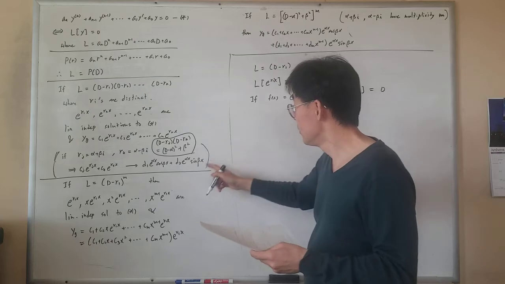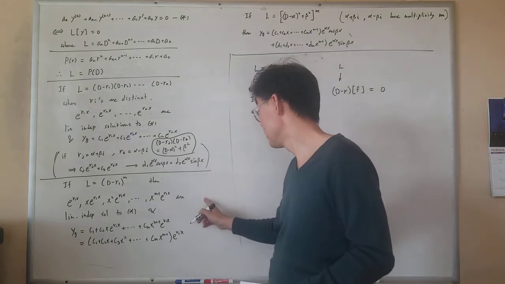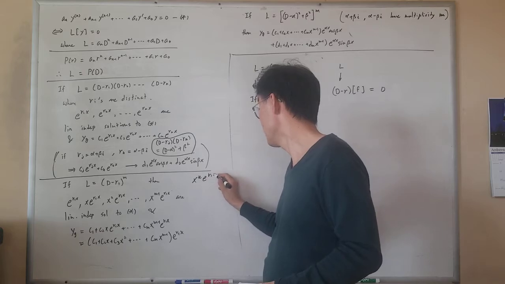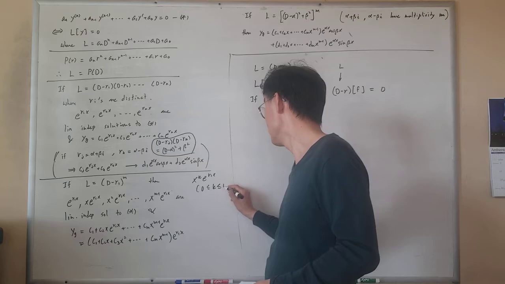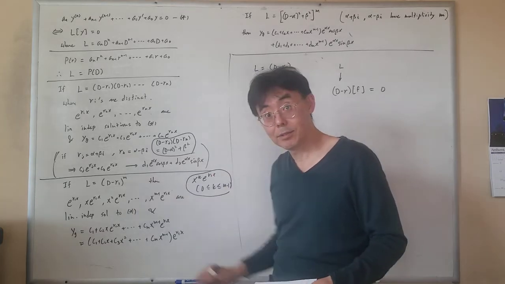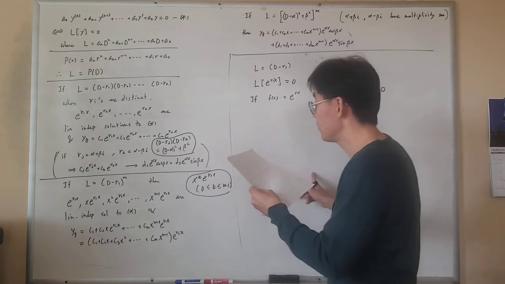Now, as you can see, x to the k e to the r1 x, for k from 0 up to m minus 1, is a solution to this, right?